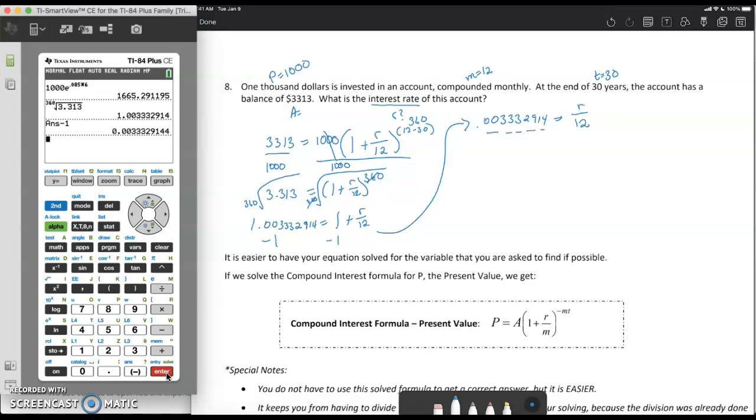And then the last thing to solve for r is to multiply by 12. So if we multiply both sides by 12, we get 0.039994973. They will tell you how to round on something like this.